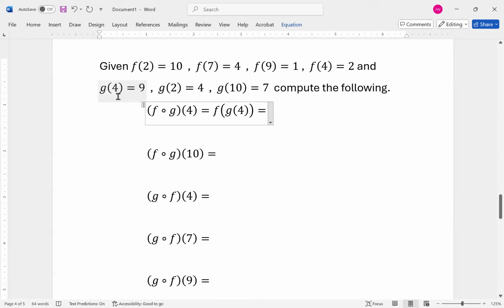The input of 4 into g gives me an output of 9. That output is going to be my new input for my function f. So where does f send the input of 9? Well, f sends the input of 9 to 1. That means f of g of 4 is equal to 1.